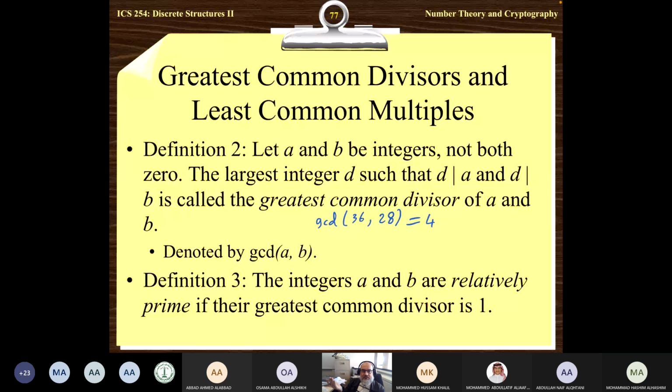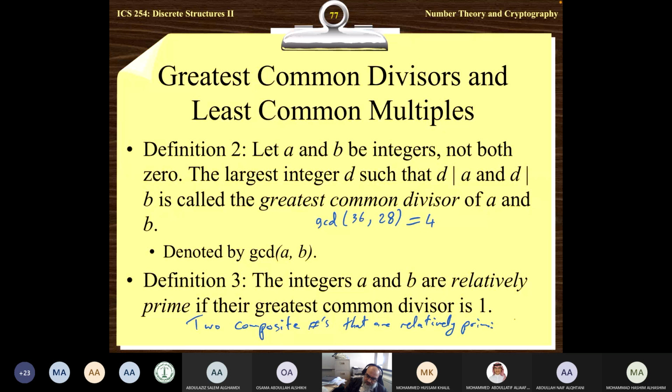Can any one of you give me 2 composite numbers that are relatively prime? 8 and 15.